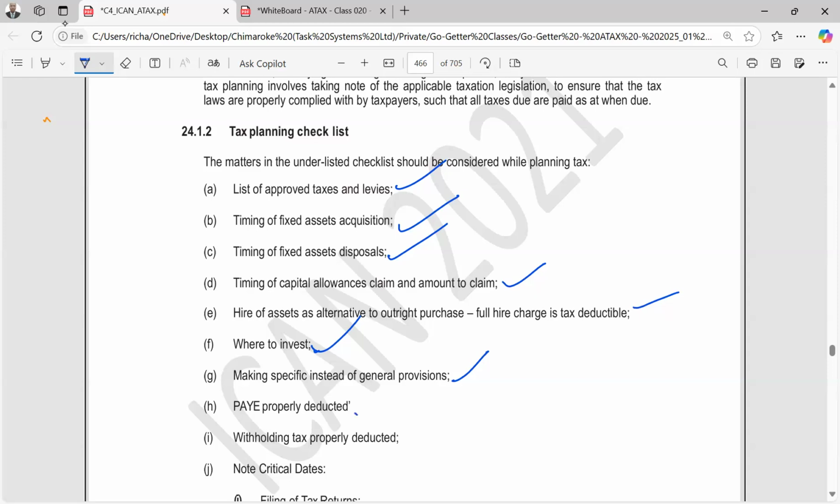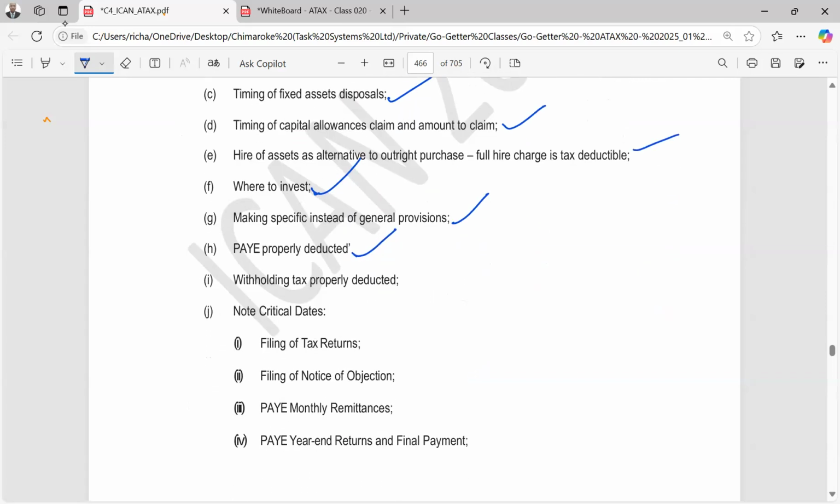PAYE properly deducted: if your PAYE is properly deducted, you will not be penalized and have to pay penalties and interest. Withholding tax properly deducted. Of course, we have critical dates. Date for filing tax returns: if you miss this date, you are paying penalty.